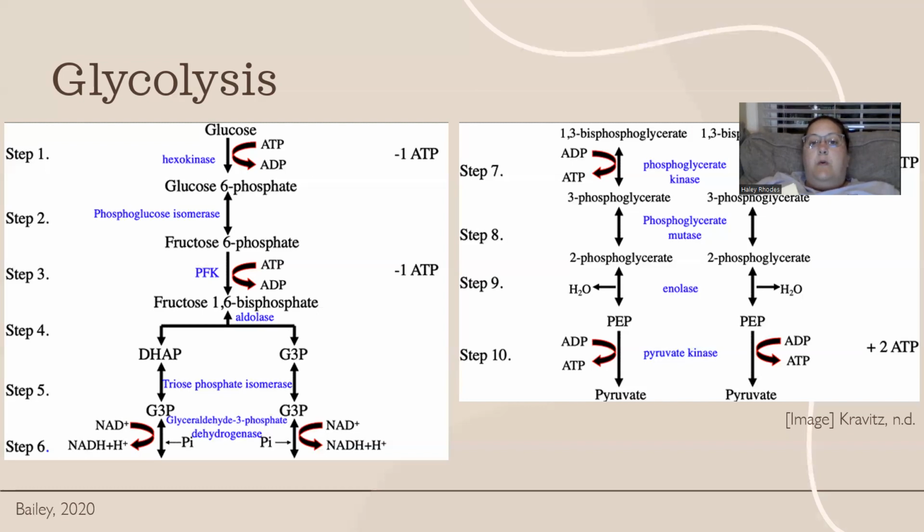So even though step 7 and step 10 each showed +2 ATP, again, you have to subtract the 2 that we used in steps 1 and 3. So adding and subtracting it all together, you see that you net 2 total ATP molecules.